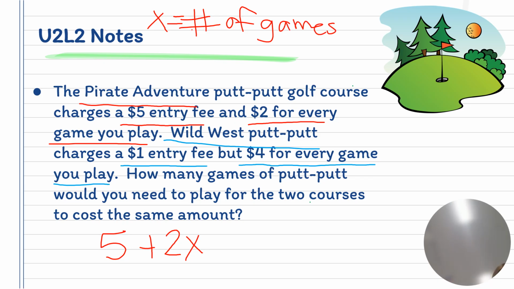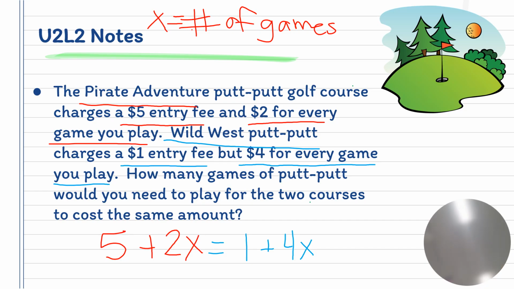Okay, so I know that that needs to be the same as, which can be represented with an equal sign, my Wild Wild West putt-putt. So I charge $1 entry fee for that, plus $4 for every game that we will play. And my x is still going to be the same as the one that I defined.